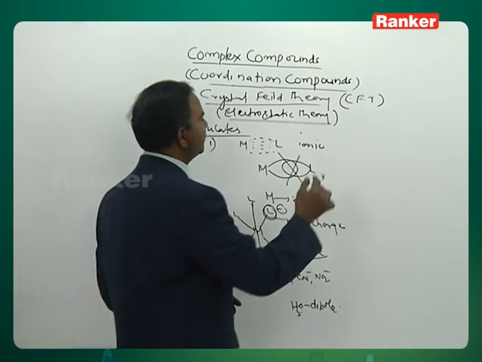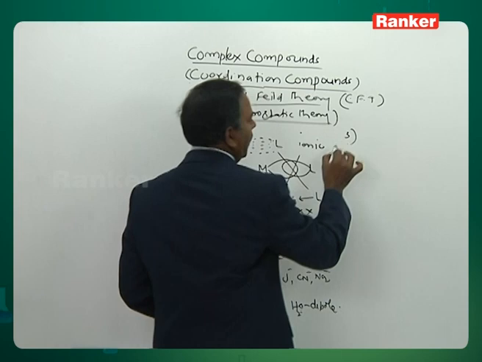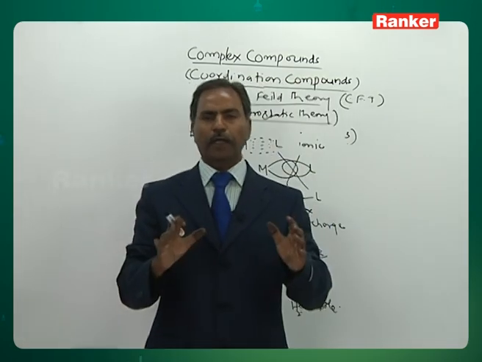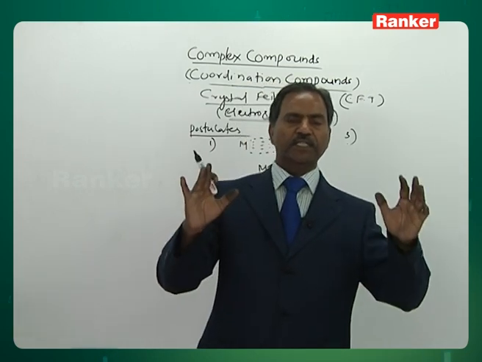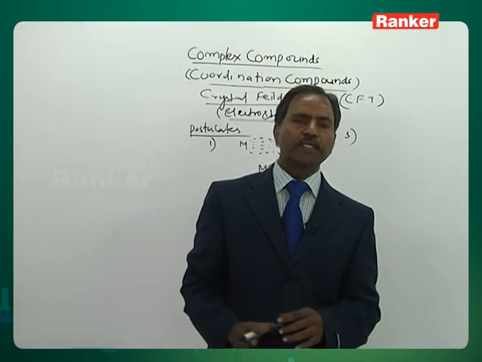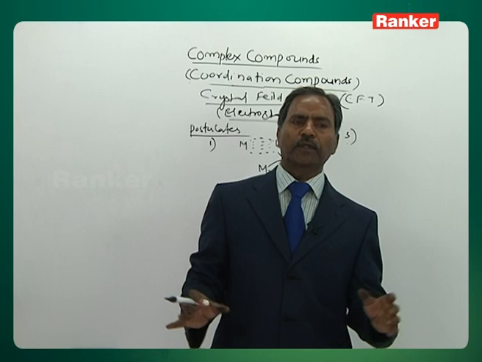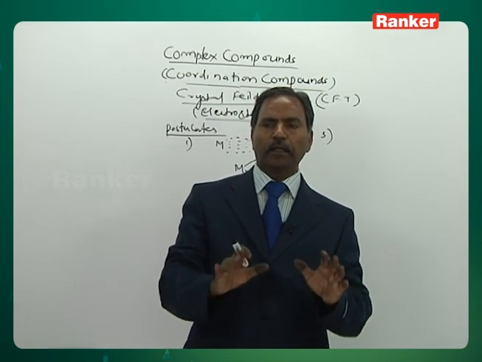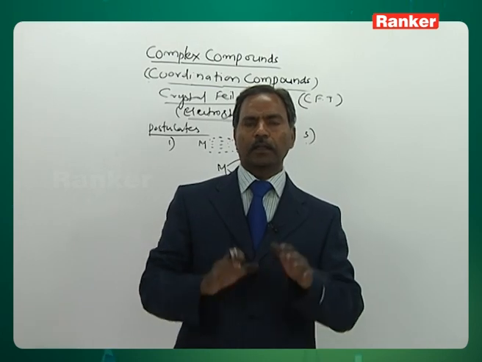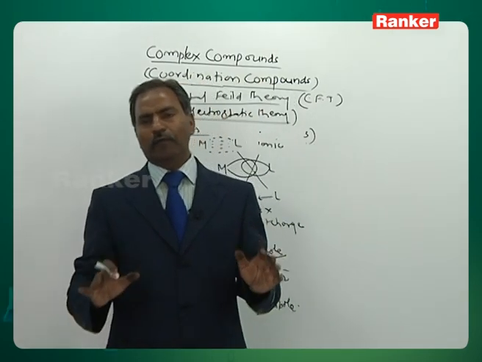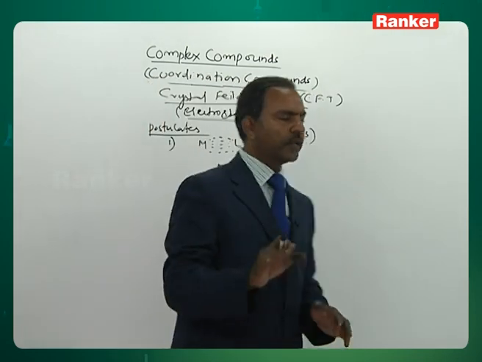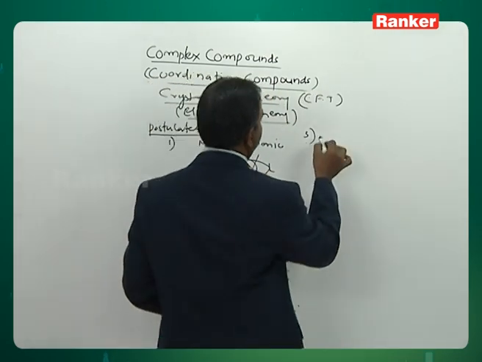Next, under the influence of different field strengths of the ligands, some ligands are weak field ligands and some are strong field ligands. Based on these field strengths, the 5 d orbitals split into different energy levels.